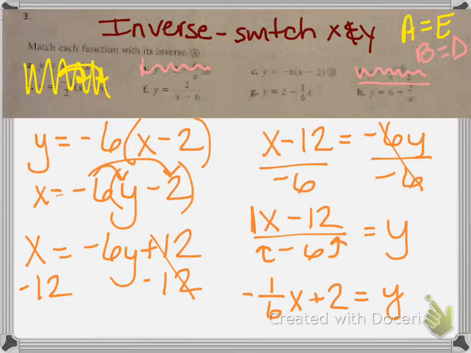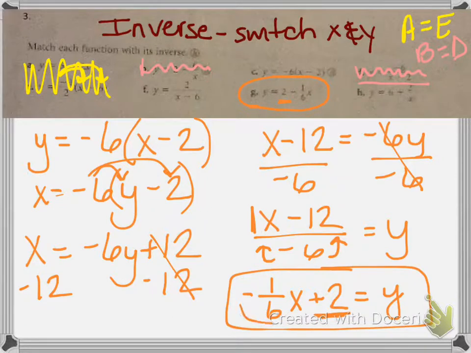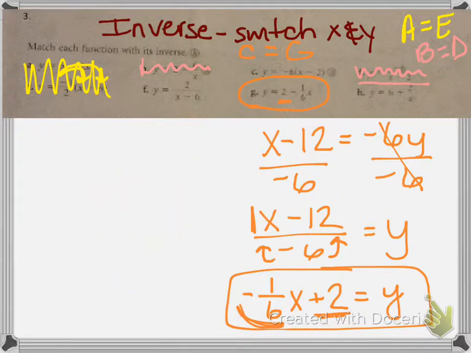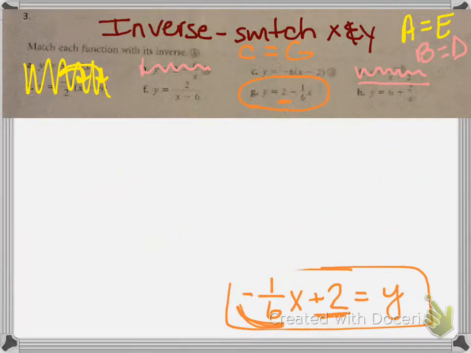And it's turned around in my solution here, but it matches with G. 2 is positive, 2 is positive, 1/6 is negative, 1/6 is negative. So C and G are now partners. So C equals G.